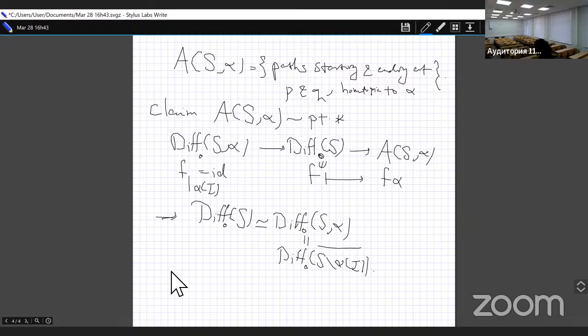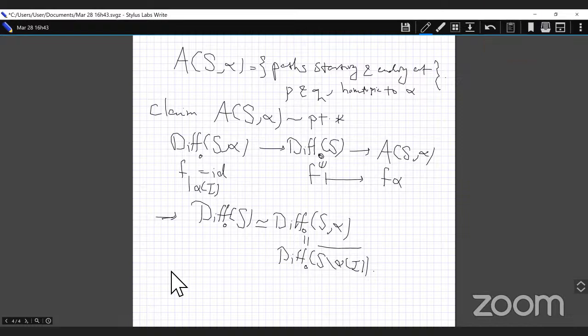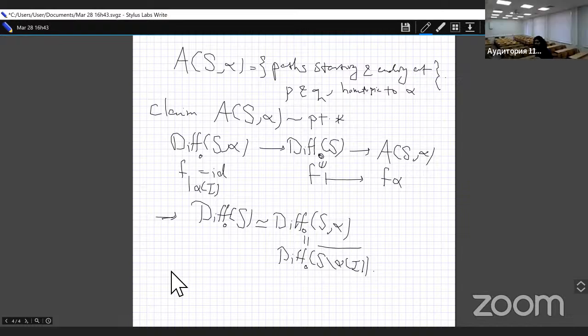What do you think, Chris? I don't know what we mean by cut along alpha. It probably means take an open tubular neighborhood around alpha and delete that. Or delete alpha and then take the closure.